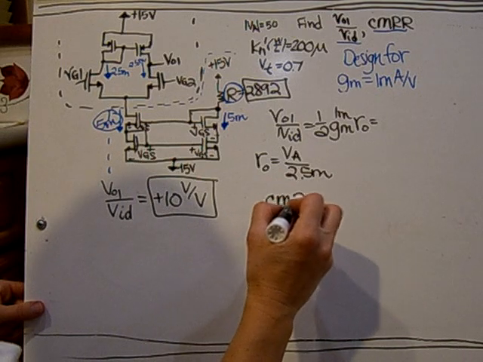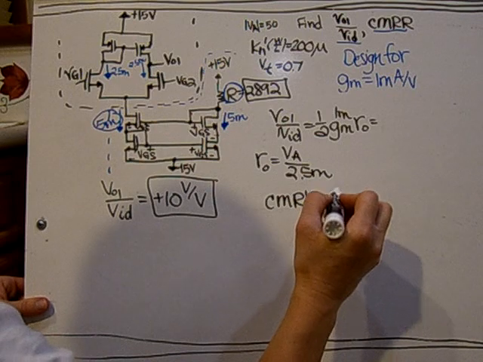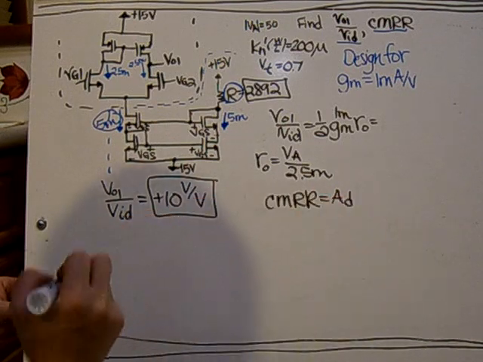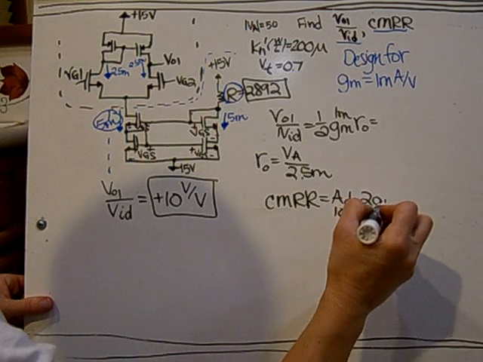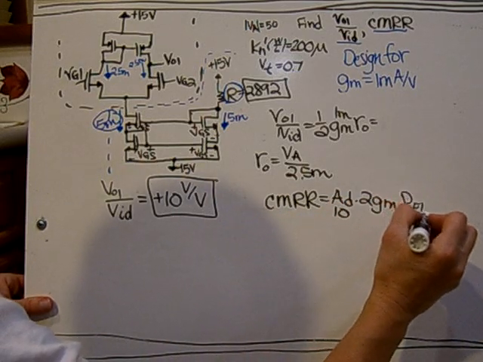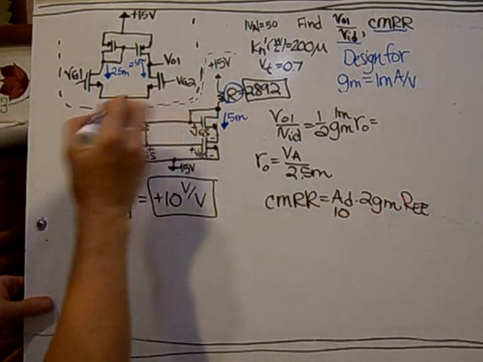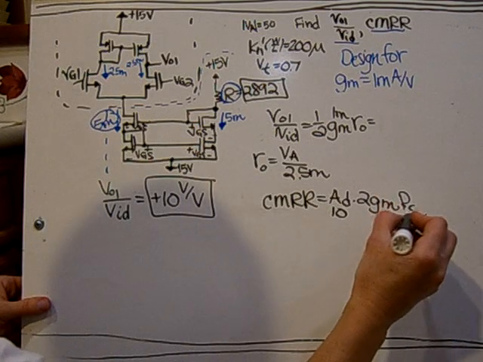The CMRR is the differential gain, which is 10, times 2 GM REE, which is the resistance again seen, this is RSS, meaning source.